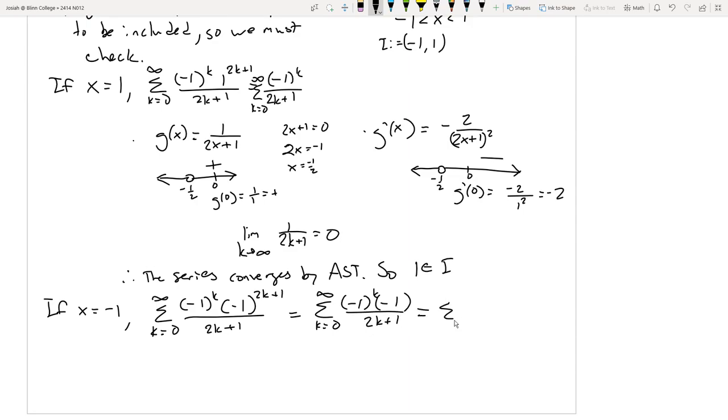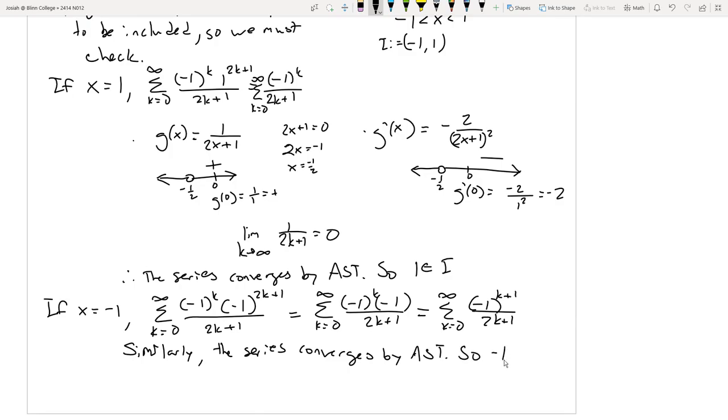And so we get k equals 0 to infinity of negative 1 to the k plus 1 over 2k plus 1, which looks suspiciously like this guy back up here. It's the same argument. So we say similarly, the series converges by the alternating series test. So negative 1 is also in I.